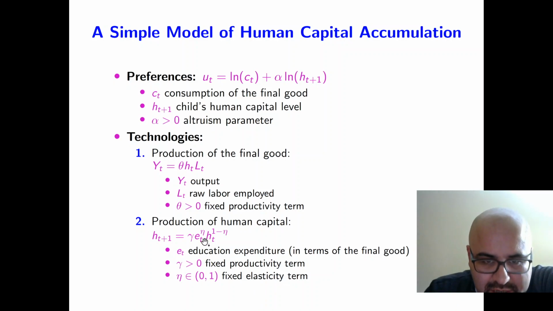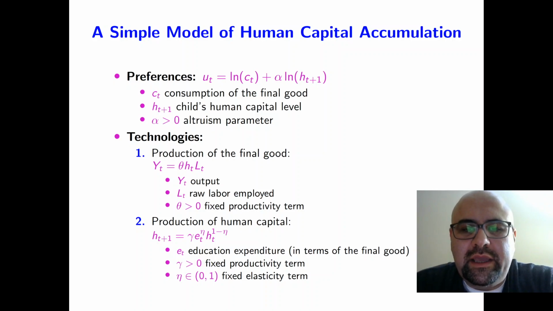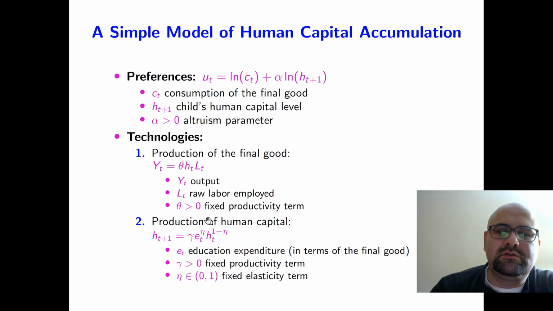And then we also have HT in the production function of HT plus 1. So what the current generation knows, what their skills are, is important for the next generation because they're going to be learning from the teachers in the school or parents in the home, etc. All right? And then we have this constant term to scale the production technology for human capital.